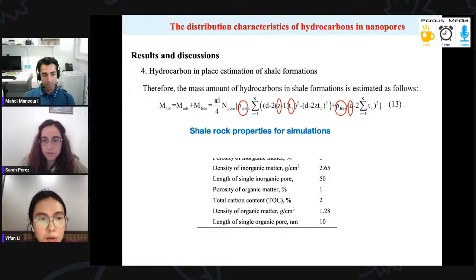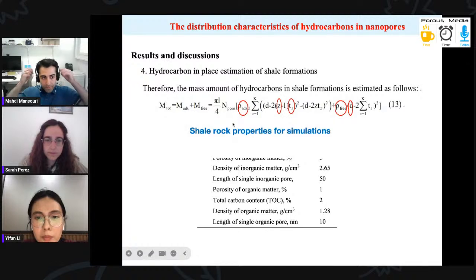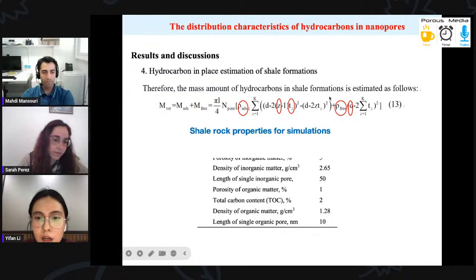So the mass amount of hydrocarbon in shale formation is estimated by the volumetric method. The total mass of the hydrocarbon is basically contributed by the adsorption phase and the free phase. So we use our data from the MD runs, and we calculate it using the volumetric method.